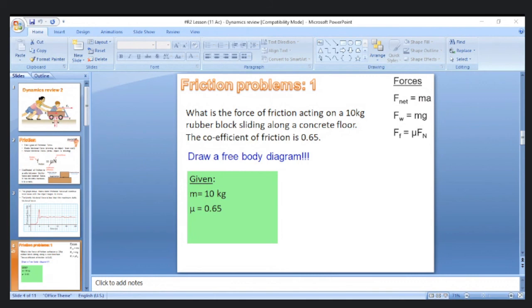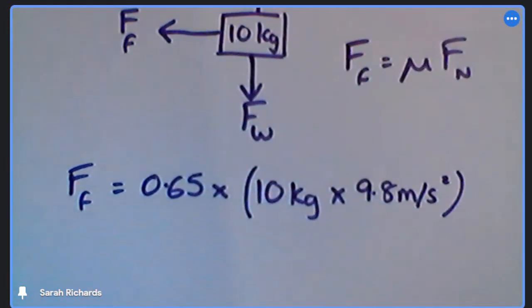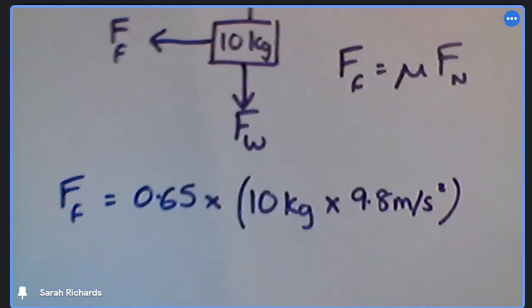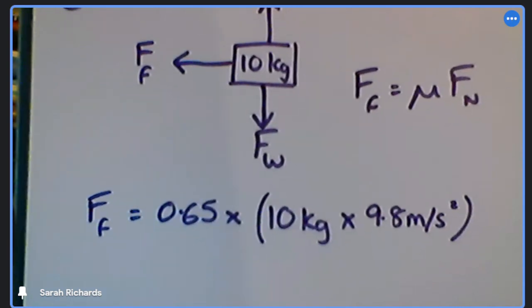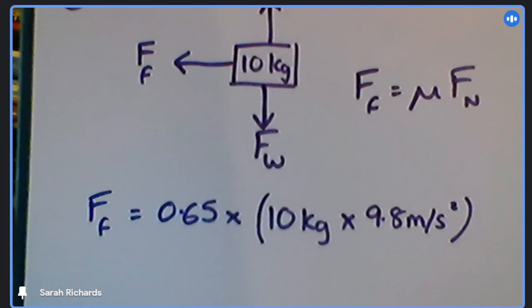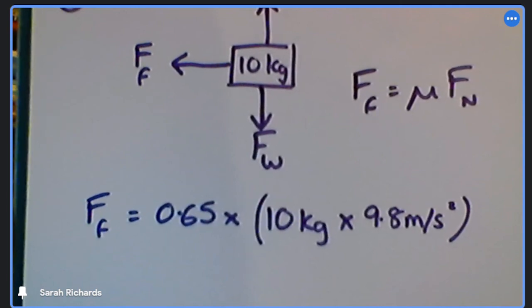And I know what my normal force is going to be because that's equal and opposite to the weight. So I've got my coefficient of friction, and I've multiplied it by mass multiplied by acceleration due to gravity, which gives me my weight in newtons.